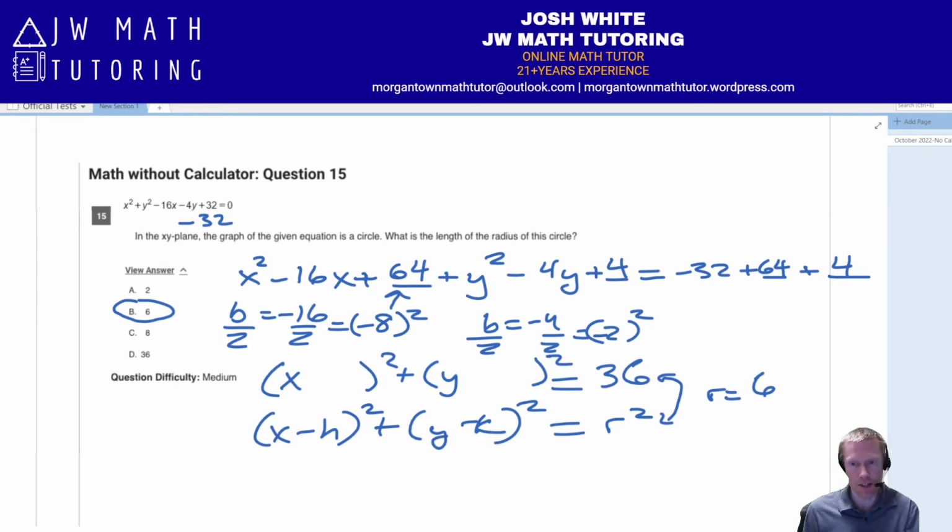For the x's, the b over 2 term is negative 8, so that's what goes inside here. For the y's, the b over 2 term is negative 2. So therefore, we get x minus 8 squared plus y minus 2 squared equals 36. This circle has a center of 8, 2 and a radius of 6.